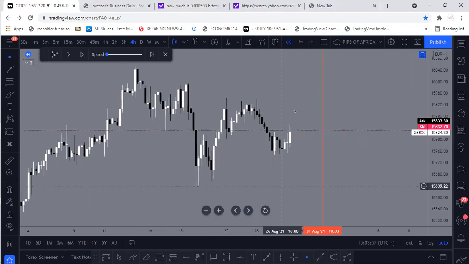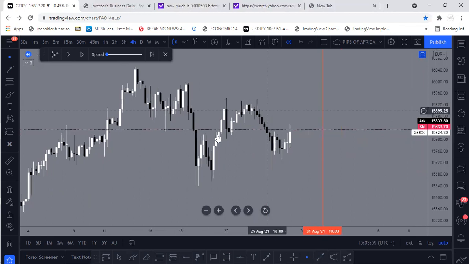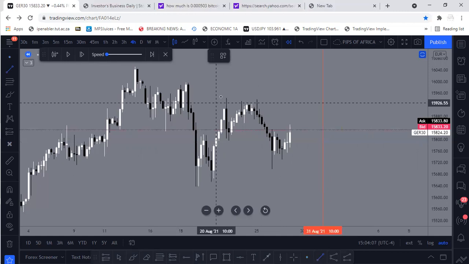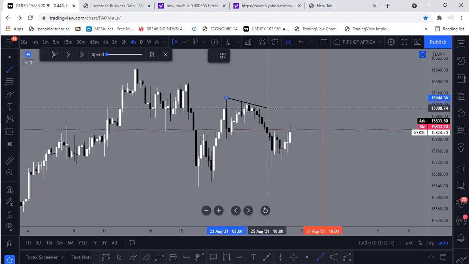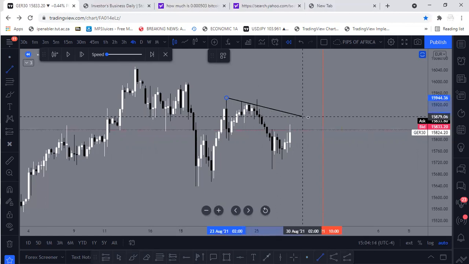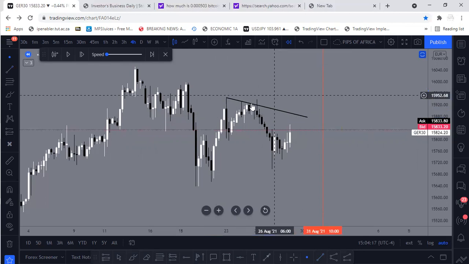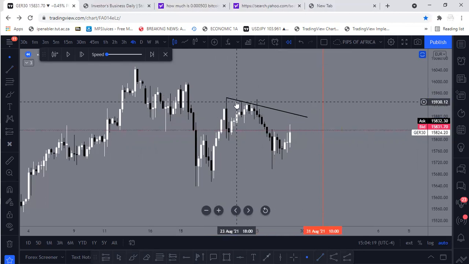All right, guys. So now we have the market creating liquidity here. As I told you last time, the market makers know that the support and resistance traders will join here. 1, 2, 3 touches.